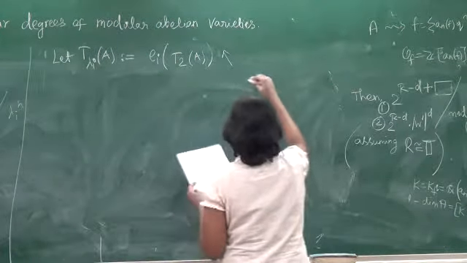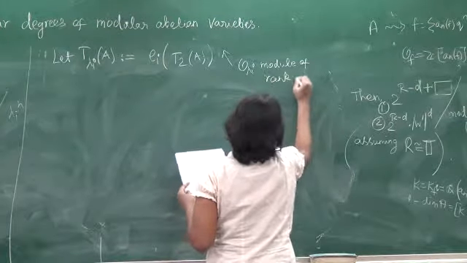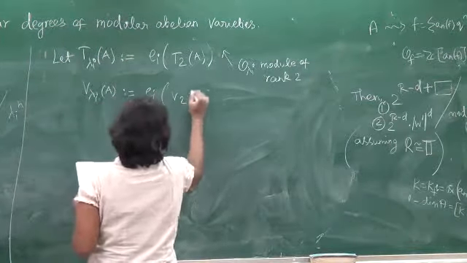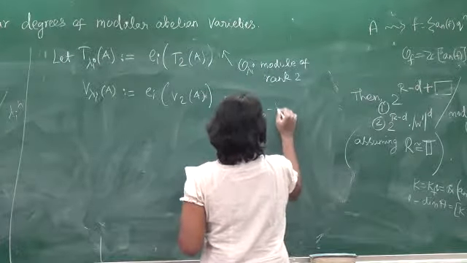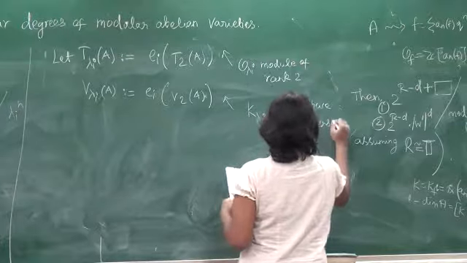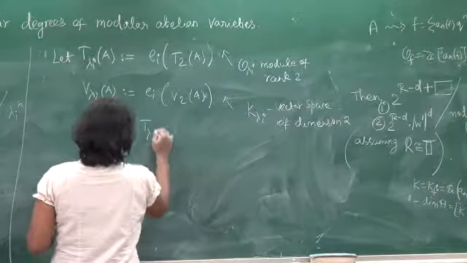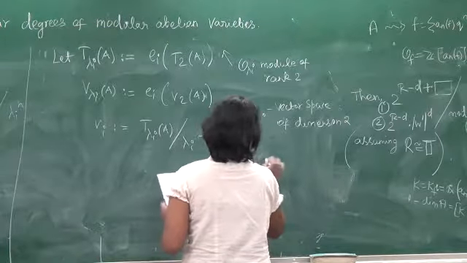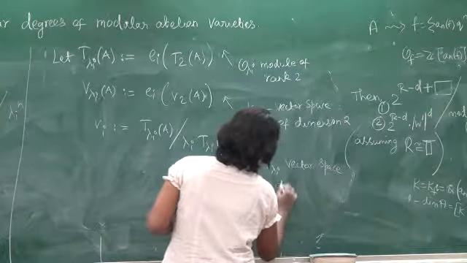This is a free module of rank 2, and V_lambda_i of A is a K_lambda_i vector space of dimension 2.